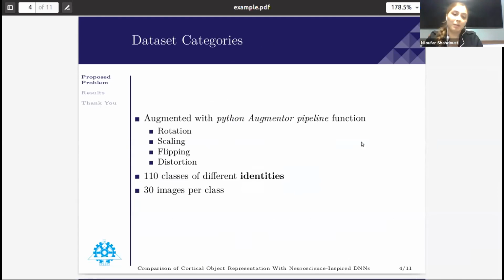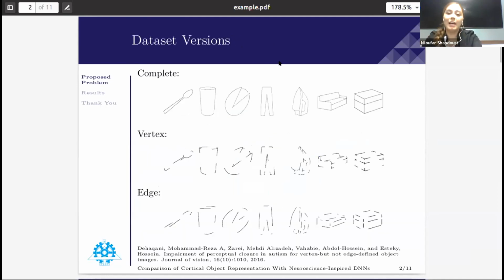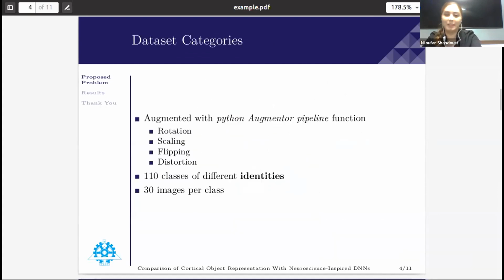I used a Python augmentation pipeline function and applied a random combination of rotation, scaling, flipping, and distortion transformations on each and every image of these three versions of my dataset. Finally, I created a dataset which had 110 classes of different identities, and each class had 30 images.